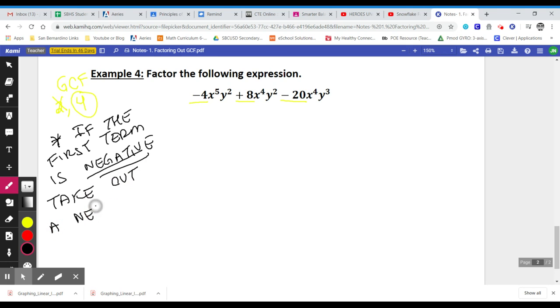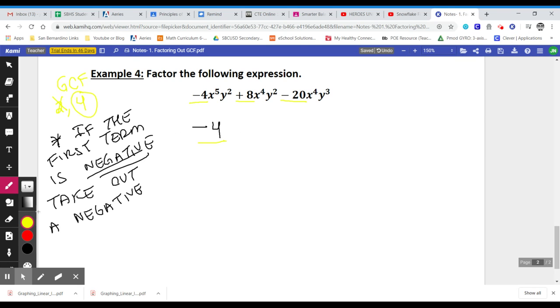So in this case, since we have a negative 4 at the very front of the whole thing, yes, I can take a 4 out, but instead I'm going to take a negative 4 out of the whole thing. The only reason for that is because the first number is a negative, so I'm going to take a negative outside. Simple as that.